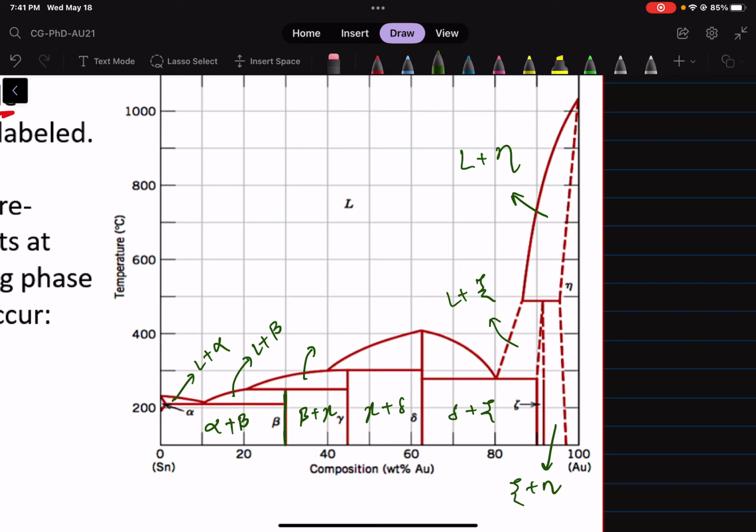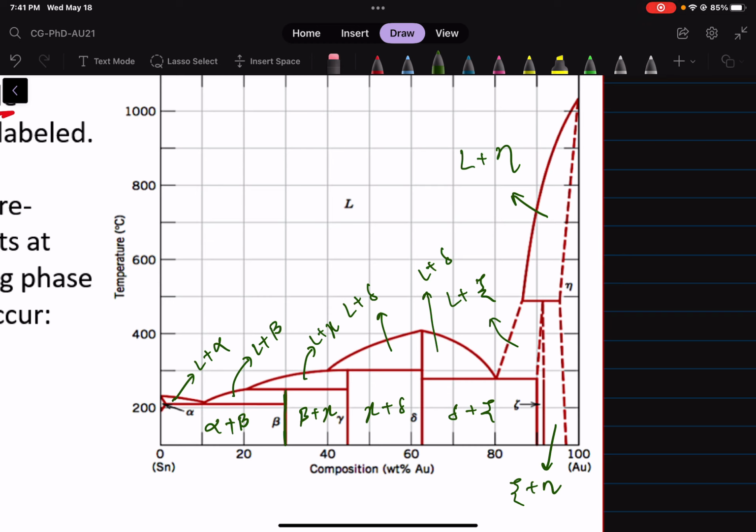Over here, this region will be liquid plus delta. And this region will also be liquid plus delta. Right? So on this side, this will be liquid plus gamma. All right, so we have identified almost all the regions.